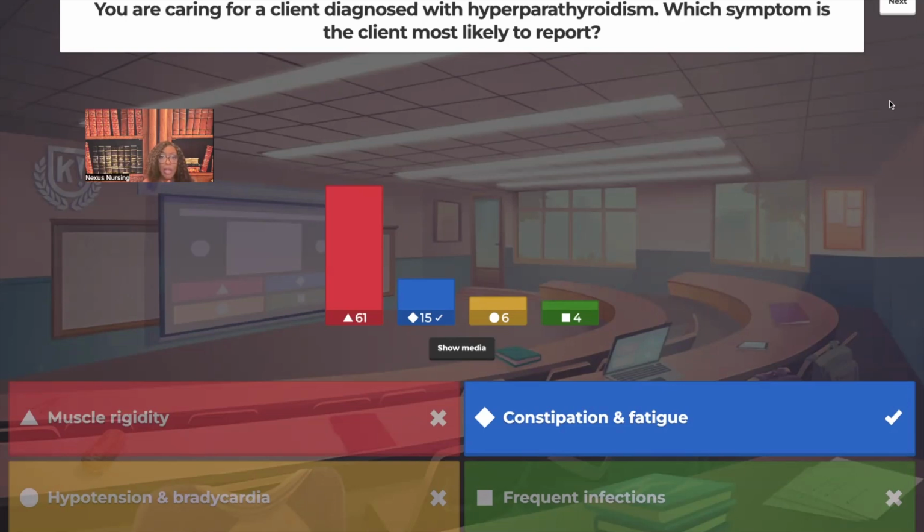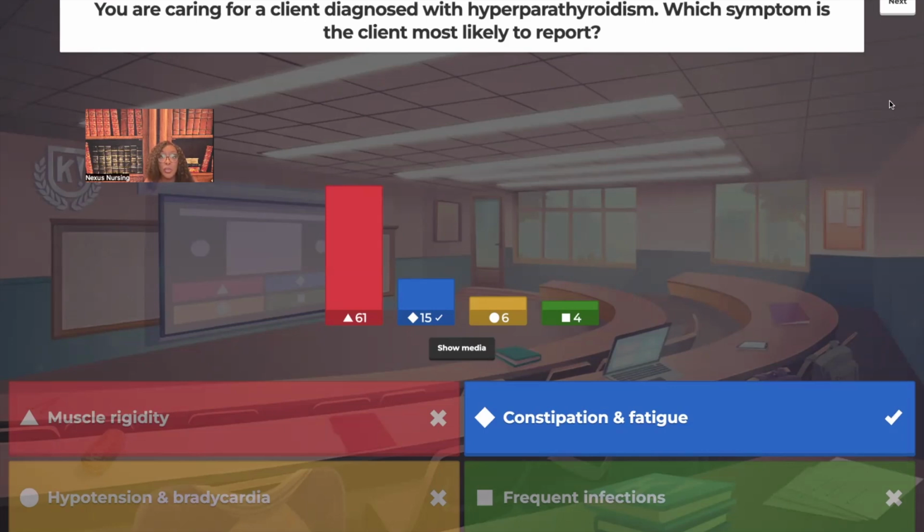Okay? Hyperparathyroidism equals what? Hypercalcemia. We're looking for signs and symptoms of hypercalcemia. It would be constipation, fatigue. Also, constipation and fatigue also could be a symptom of Cushing's. It could also be a symptom of hypothyroidism. Be very careful. Do not confuse hypo and hyper, thyroid and parathyroid.